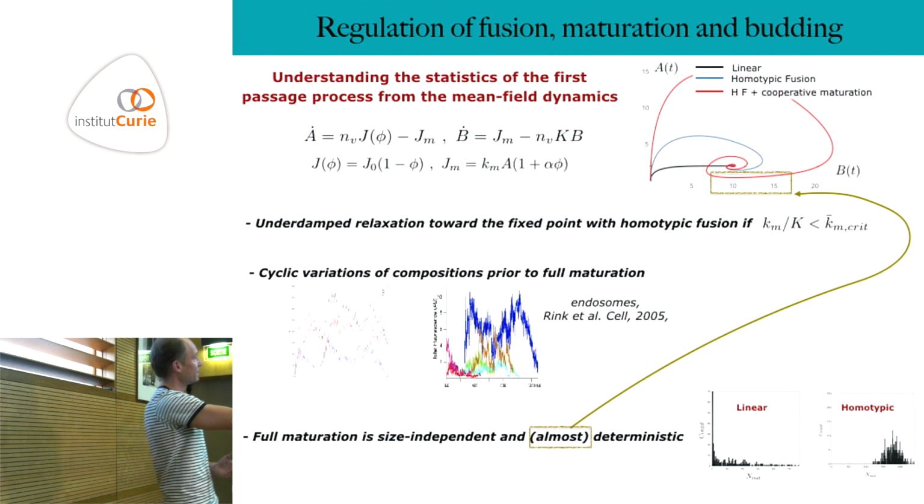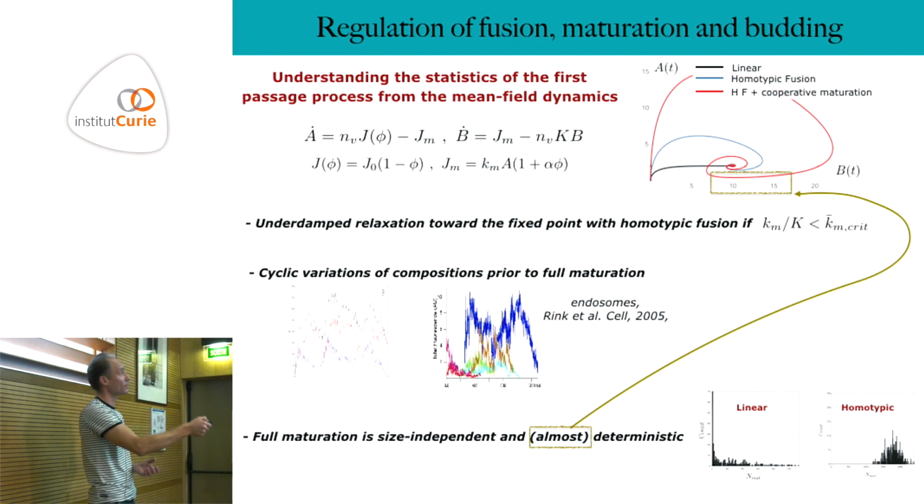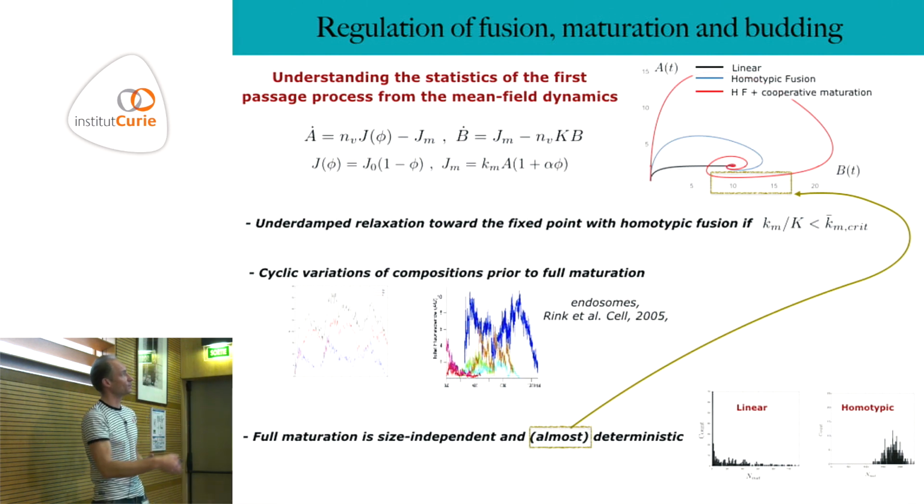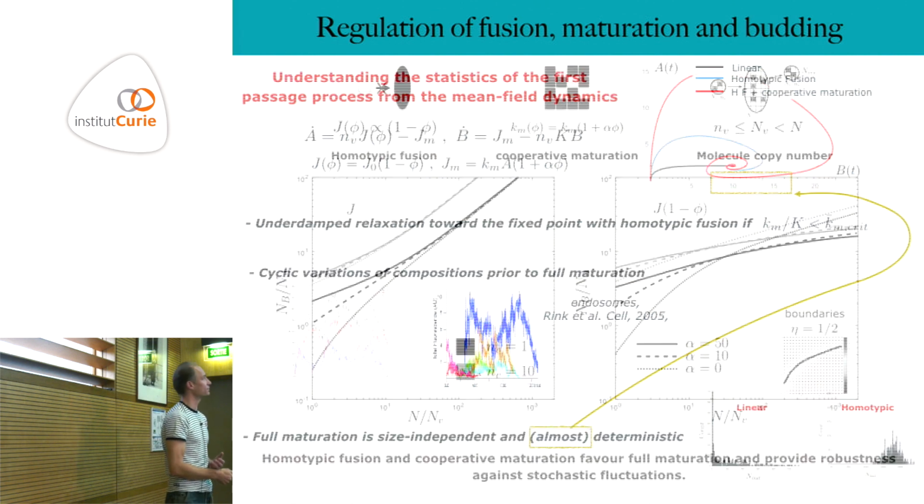So this is the amount of cis component of early component in an early endosome, and you can see clearly that there are oscillations. So this tells you that there are some nonlinearities in the system, and one nonlinearity is the fact that the influx depends on composition. And what this also does is that it tells you that the isolation time will then become almost deterministic, so this system will be much less sensitive to stochastic fluctuations.